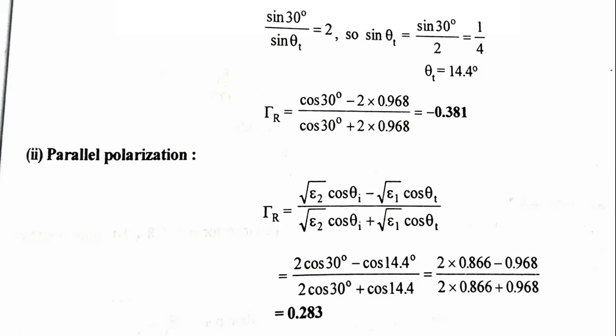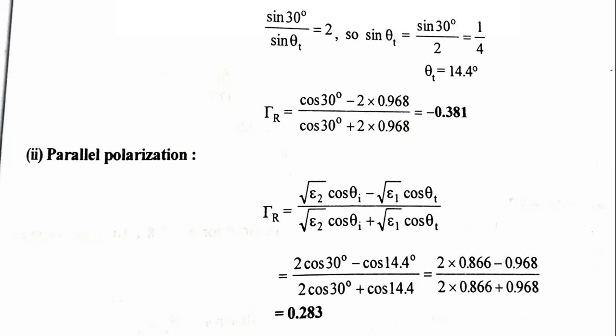And so sine theta t is equal to sine 30 degrees divided by 2, that is 1 by 4. You can substitute here the unknown parameter theta t, and you can get 14.4. And if you substitute the value here at the end, you can get minus 0.381.